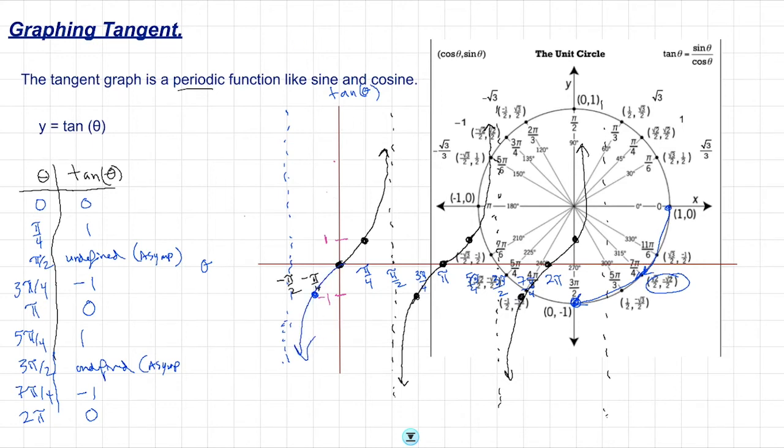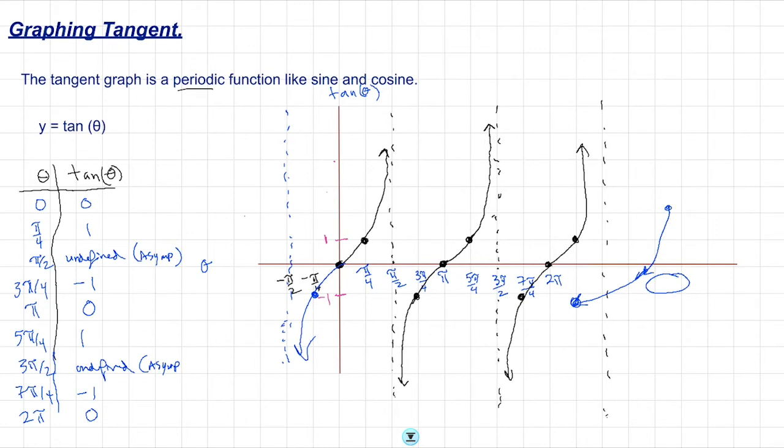Now, this is what our tangent graph looks like. It looks a little bit strange. It looks completely different than our sine and cosine curves. A couple things to think about here. For the tangent graph, when we are going to do one complete cycle, the easiest thing to do is to draw this cycle that's split by our y-axis.